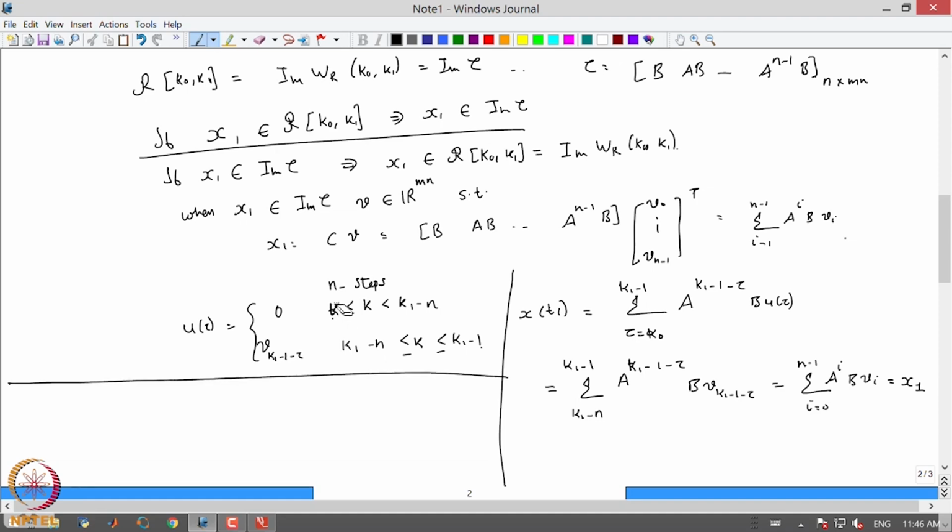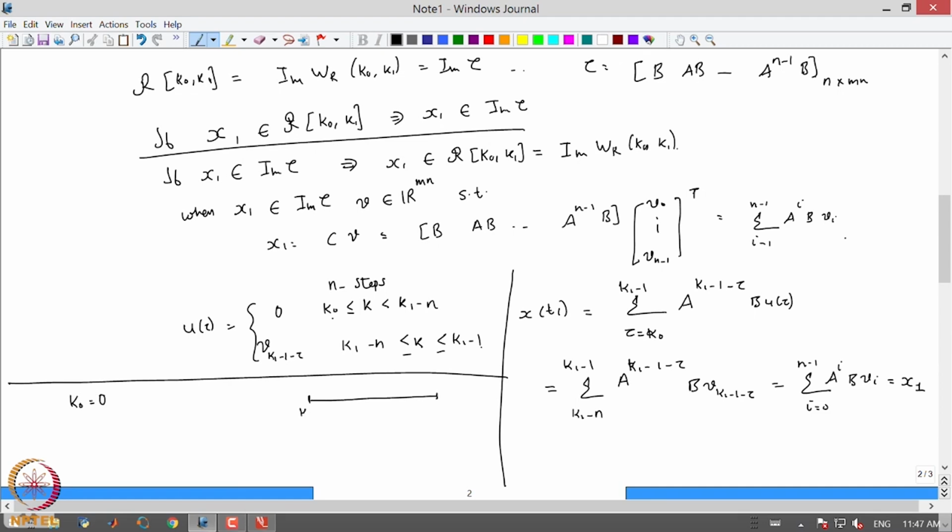Okay. So, one way to understand this quickly is let me assume that k naught is equal to 0. And what I need for control is to go at least n time steps.